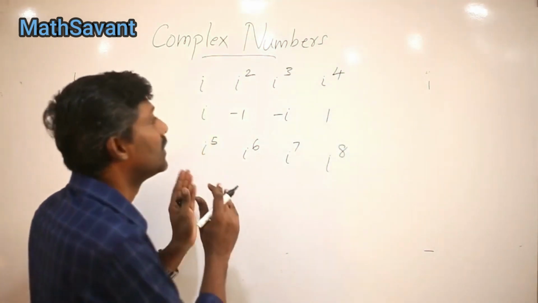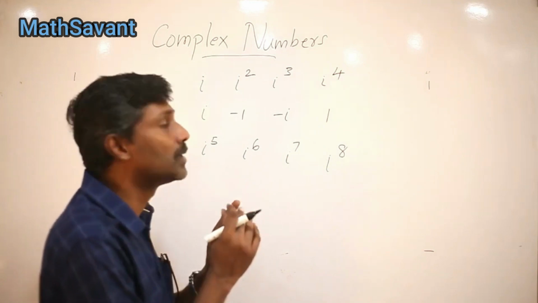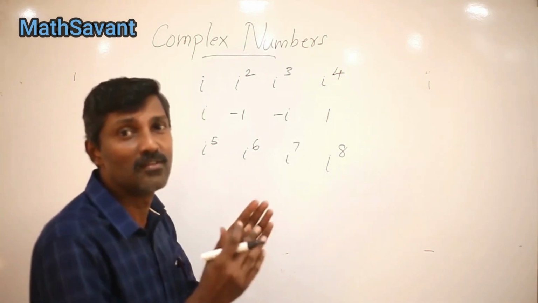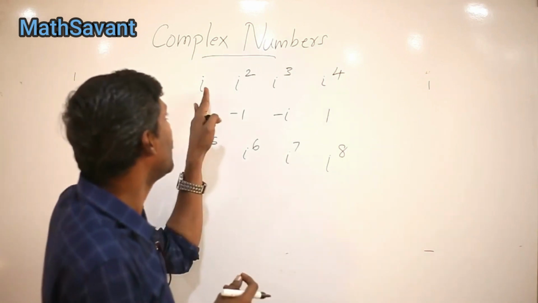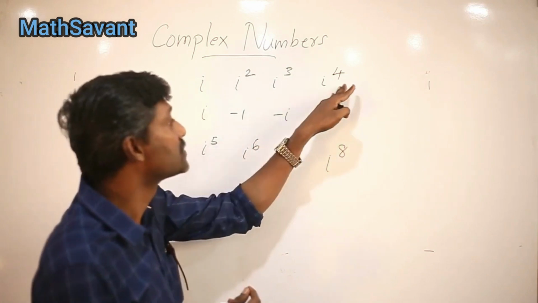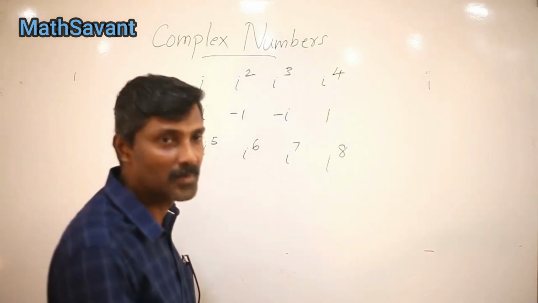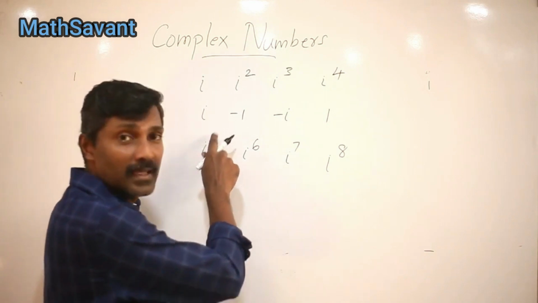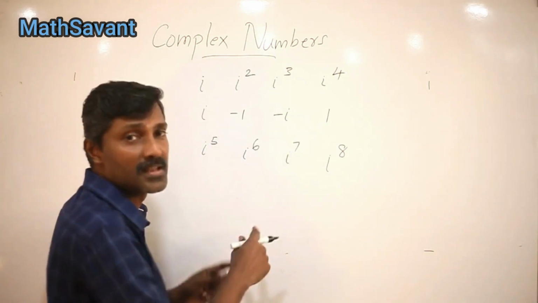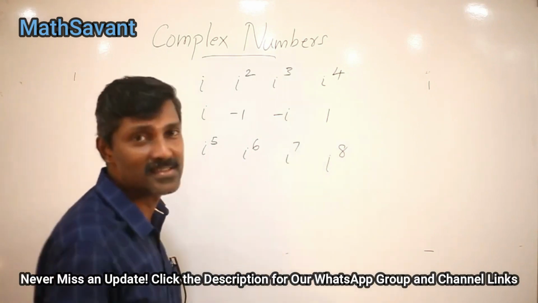So that means the values of the powers of i get repeated after 4 powers. i square is minus 1, i cube is minus i, i raised to 4 is 1. Again the values get repeated. i raised to 5 is again i, i raised to 6 again is minus 1, i raised to 7 again is minus i, i raised to 8 again is 1.